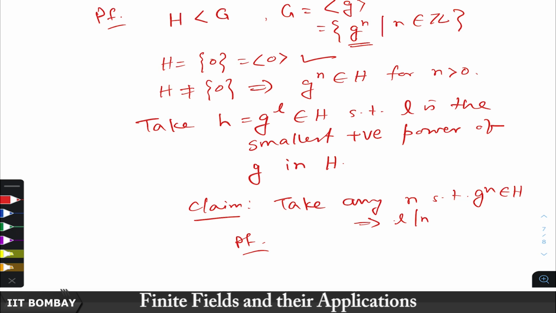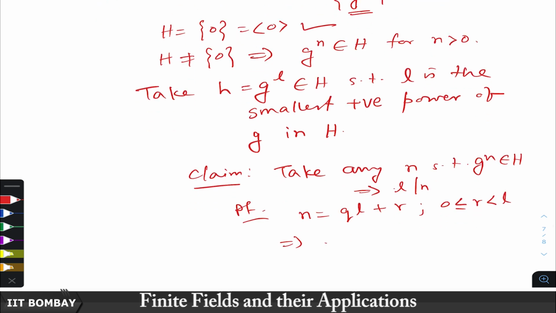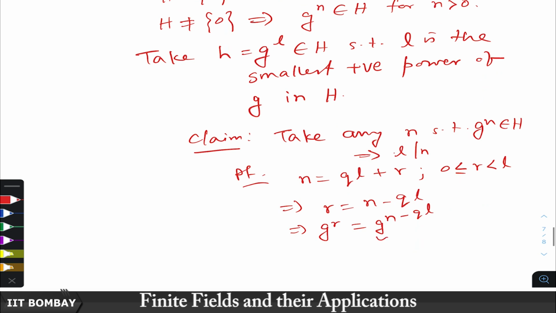The proof of this claim follows the same way: n can be written as q times L plus r, where r is in the range 0 to less than L, and then we take r equal to n minus q L. But then you see that g power r is g power n minus q L, and g power n is in H, and g power q L is in H. So, g power r will also be in H, but r cannot be a positive power because r is less than L. So, r must be 0.